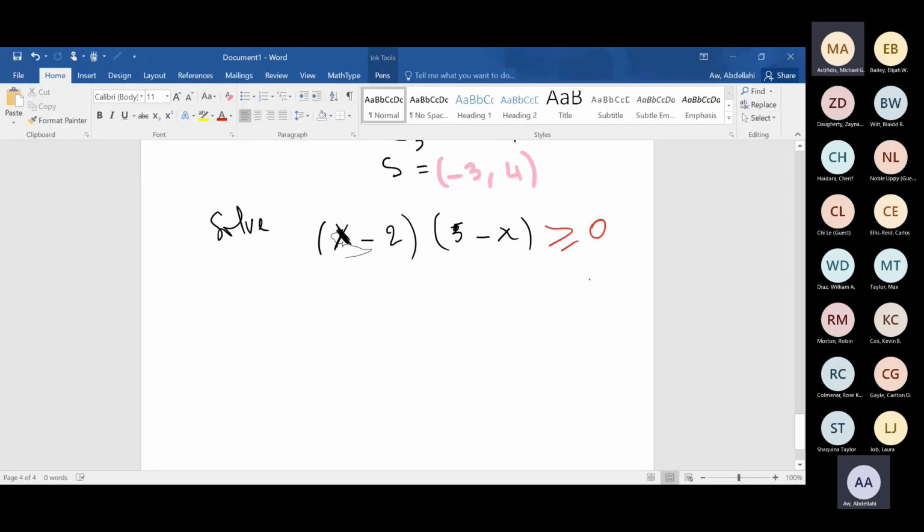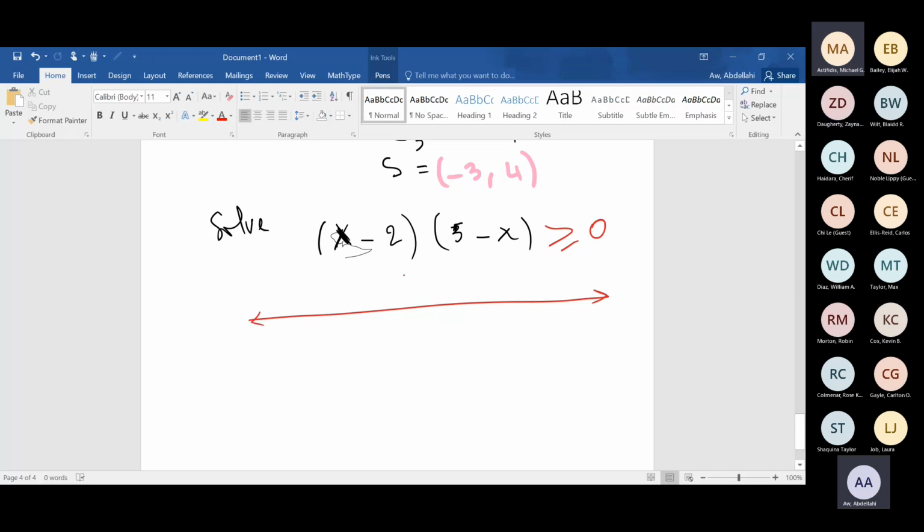Here we already have the factorization. This one will go very quickly, right? What do you do? What are the two zeros, please? 2 and -5. Don't rush.